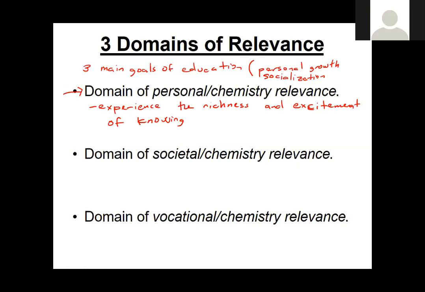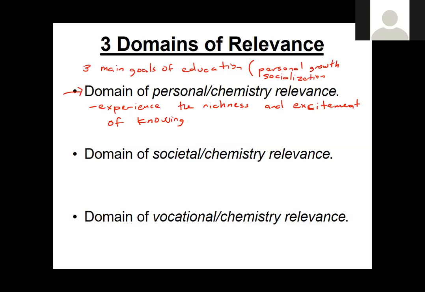Okay? But what you're trying to do here, in terms of chemistry, in terms of the domain of societal relevance, is that chemical education will enable students to understand the historical influence of chemistry on society.